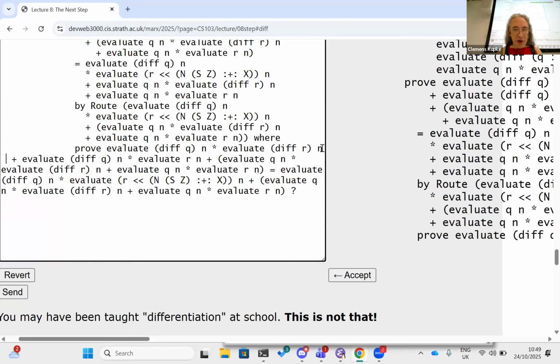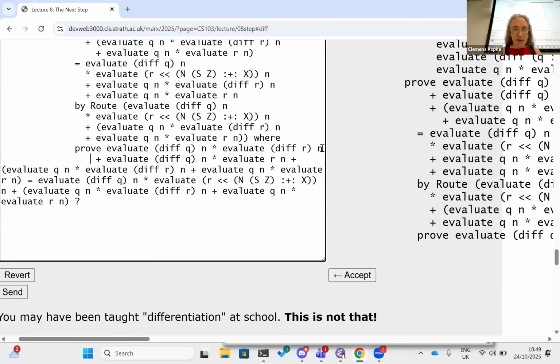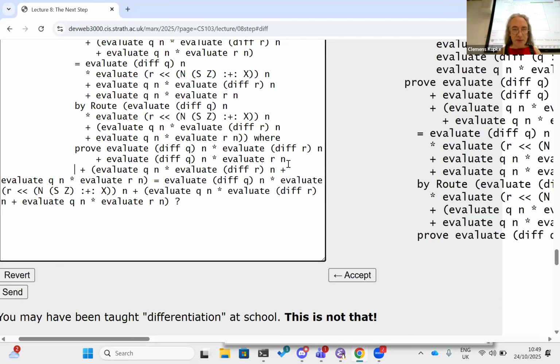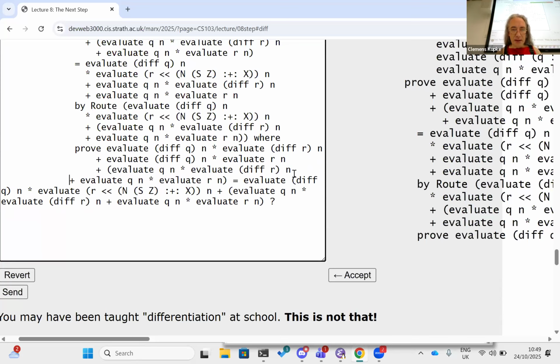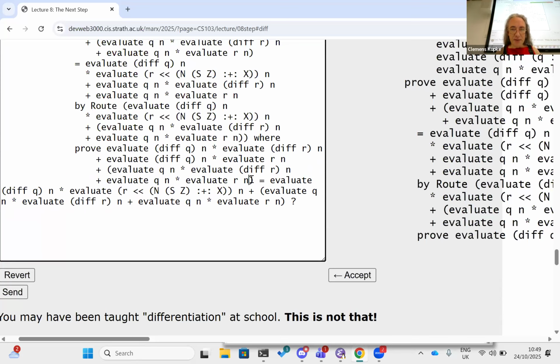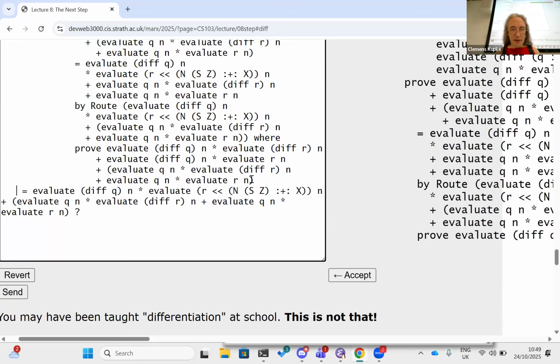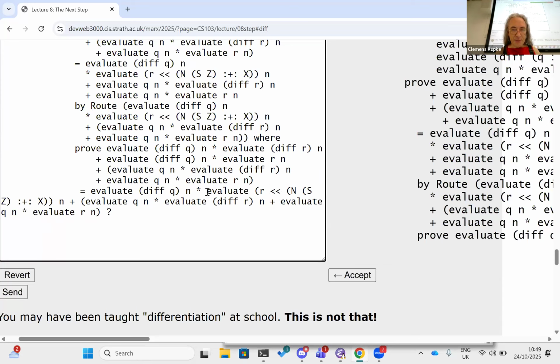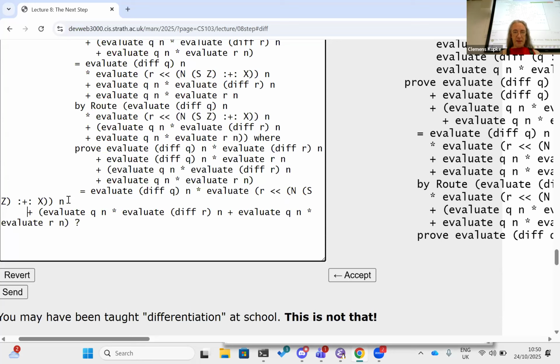Again, I'll stick in lots of line breaks to see where we're at. We've got a bunch of terms on the left, and we've got this thing on the right.